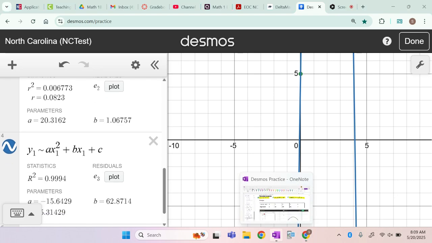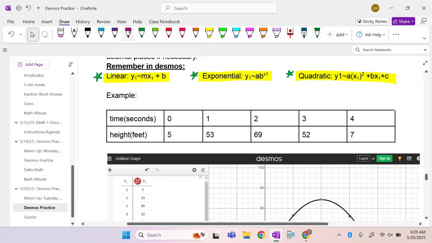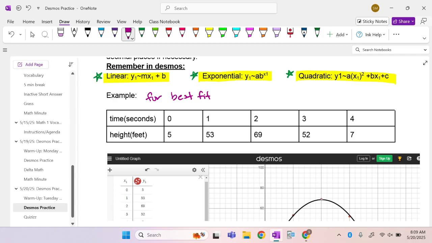All right. So make a note on your paper that for best fit, look at R squared, and whichever is closest to 1 is the best. Put the phones up. Phones up.